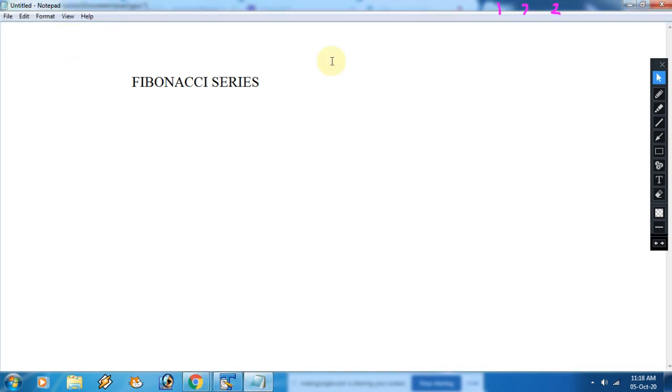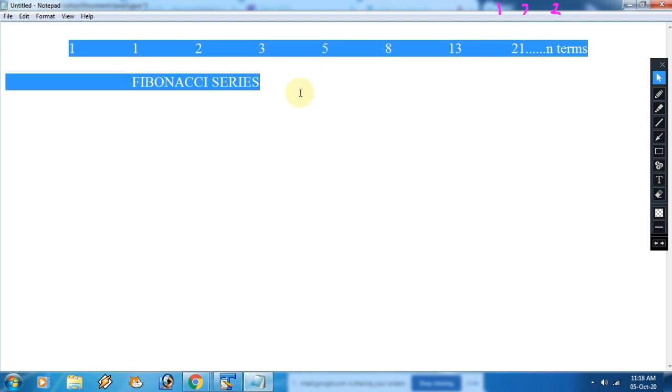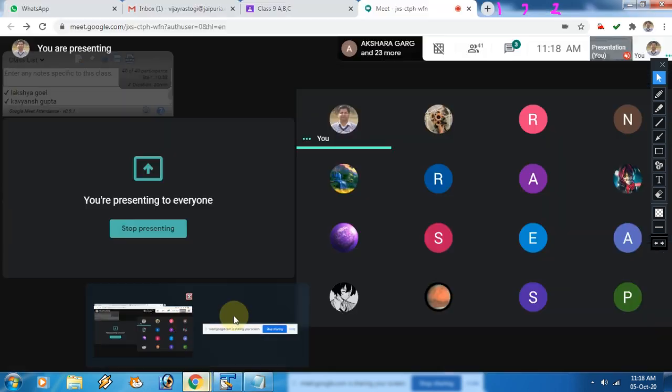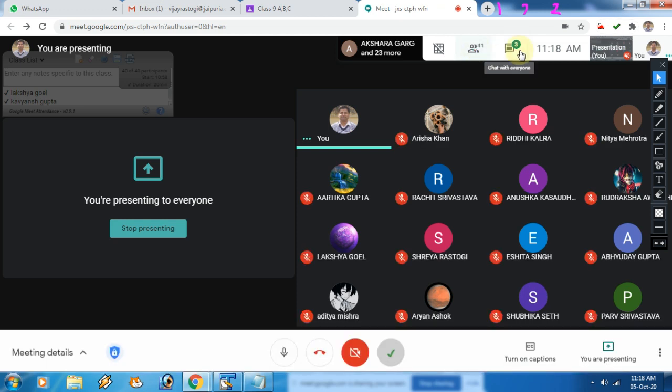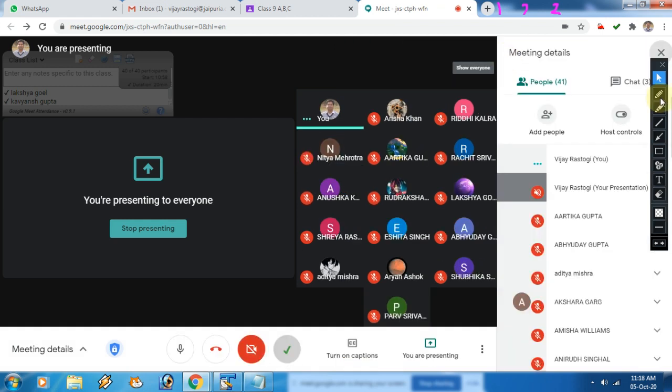Please note down. Note down बच्चों and try this. This series is known as the Fibonacci series.